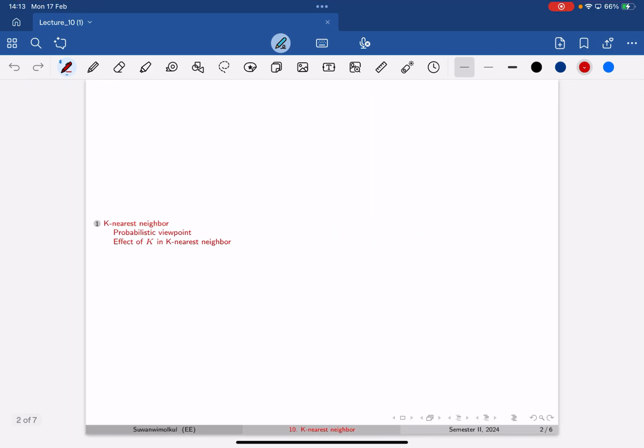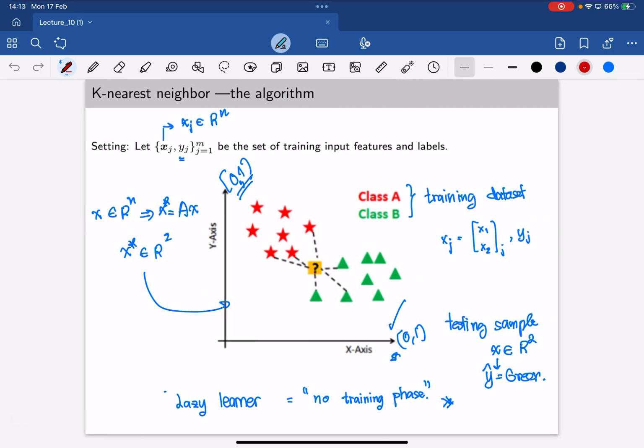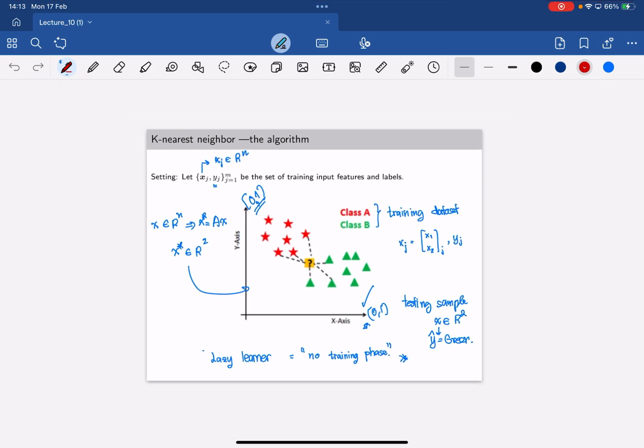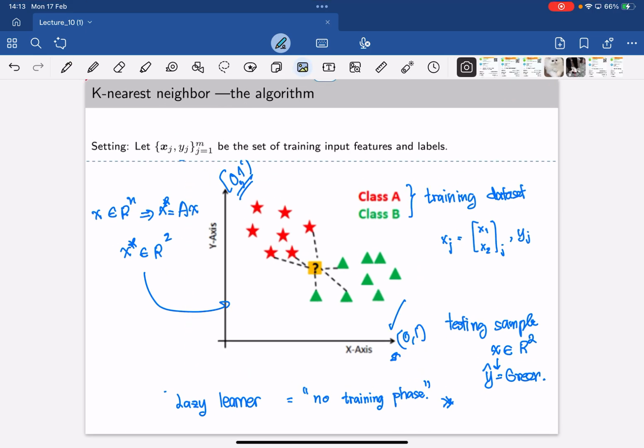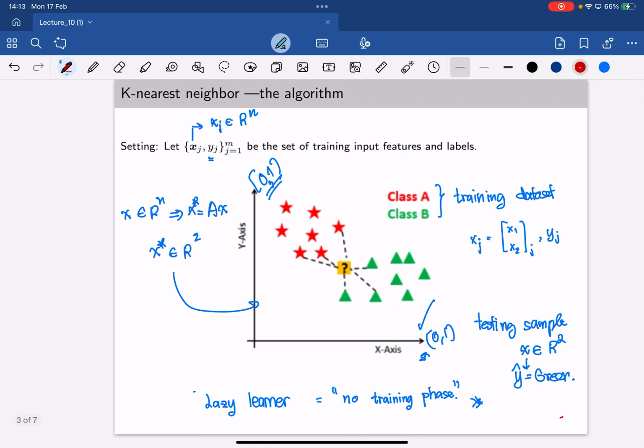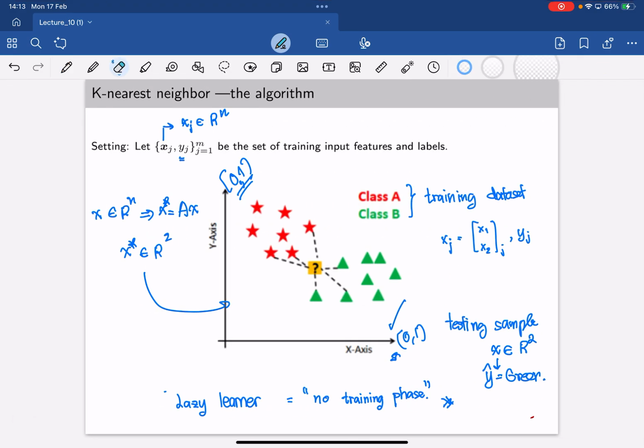So for k-nearest neighbor, it is probably one of the simplest types of learning algorithm, because it doesn't really need a training phase.